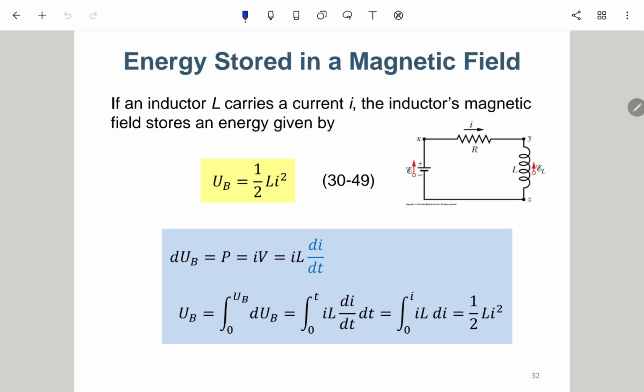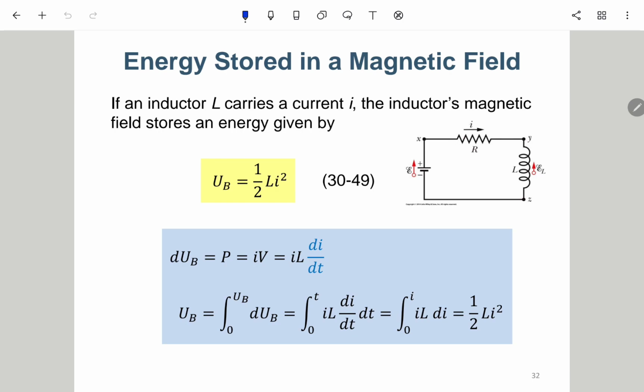Okay, so here we'll talk about the energy stored in the B field. This is the equation: UB, the energy stored in the B field, is 1/2 L i squared.